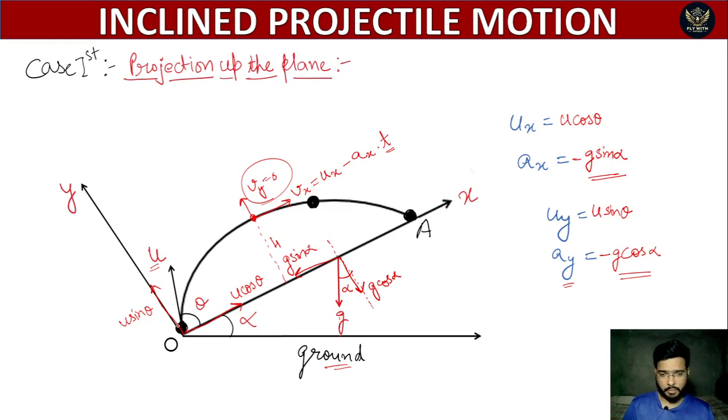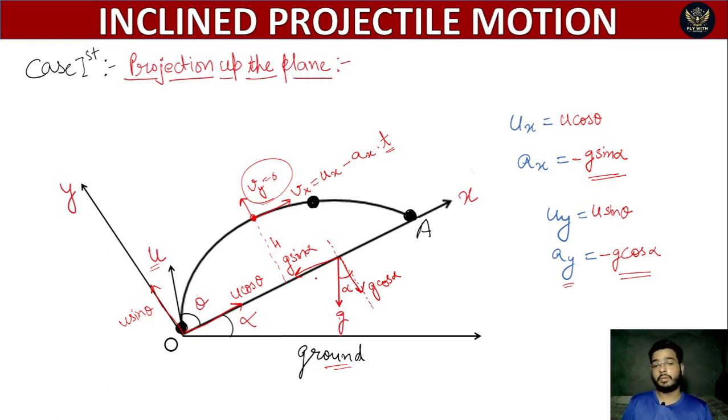We have a ball, or an object, fired from that place, and after some time it hits the point A. We have to find the time of flight for that O to A distance, the horizontal range, which is O to A, and one more thing, the maximum height from this plane.